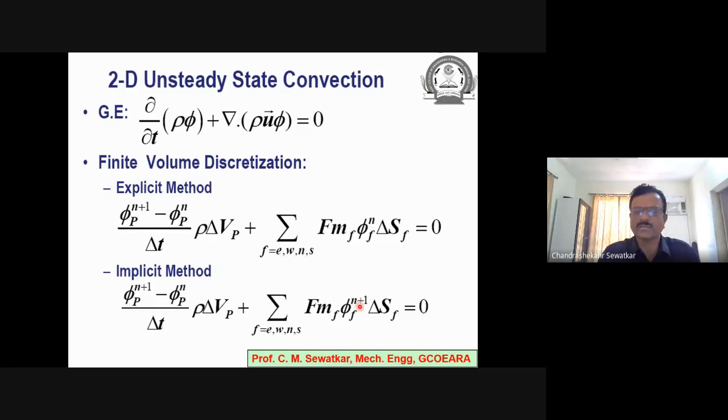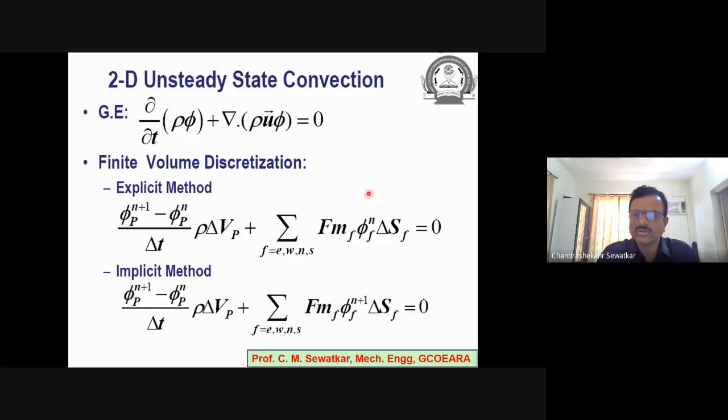If I write it at the n+1 level, it becomes implicit. We have already seen what is explicit and implicit. So if I'm using an explicit method, then I need to calculate the value of a variable on the faces using current values.